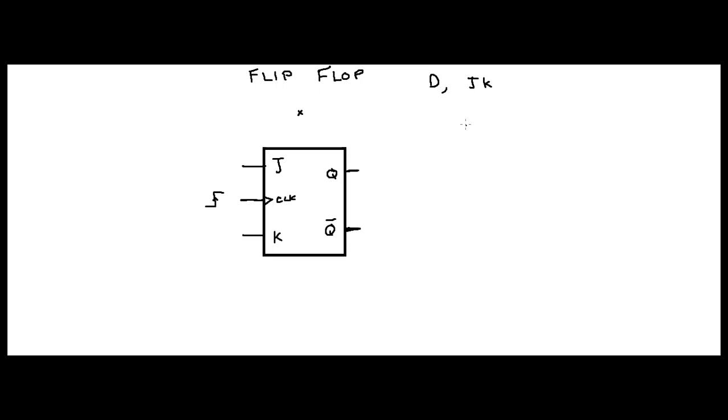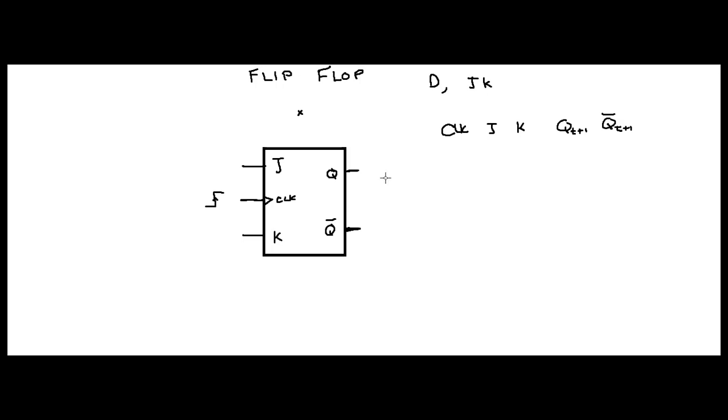Now, why don't we actually write another truth table, shall we? This one we're going to have a clock, J, K, those are your inputs. Then we're going to have Q T plus 1, Q bar T plus 1.